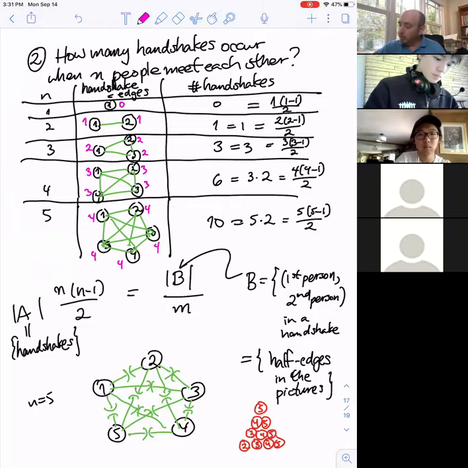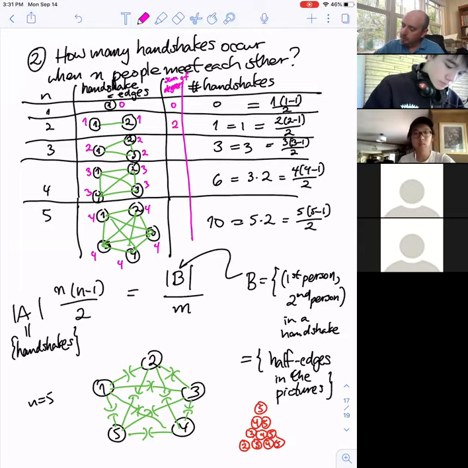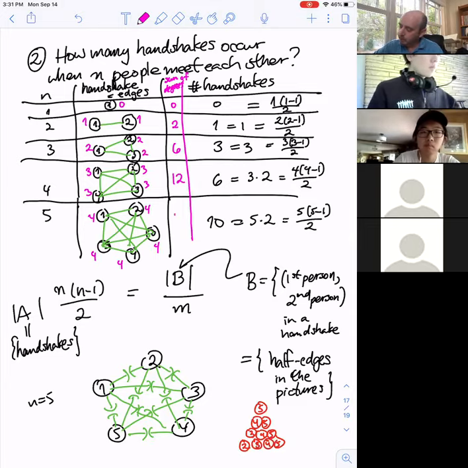And so if I put in the sum of the vertex degrees, then I'm going to get 0. 1 plus 1 is 2. Here I'm getting 2 plus 2 plus 2 is 6. Here I'm getting 4 times 3, which is 12. And here I'm getting 5 times 4, which is 20. Okay.